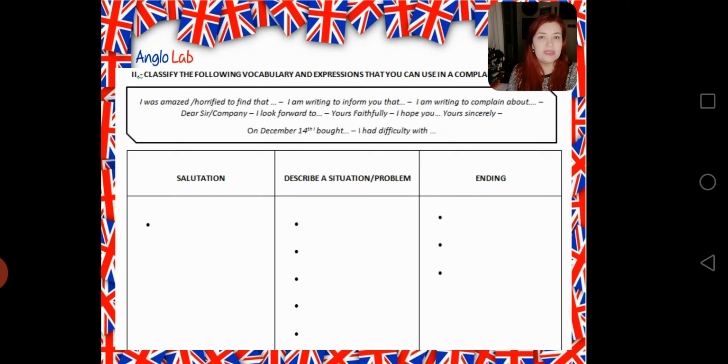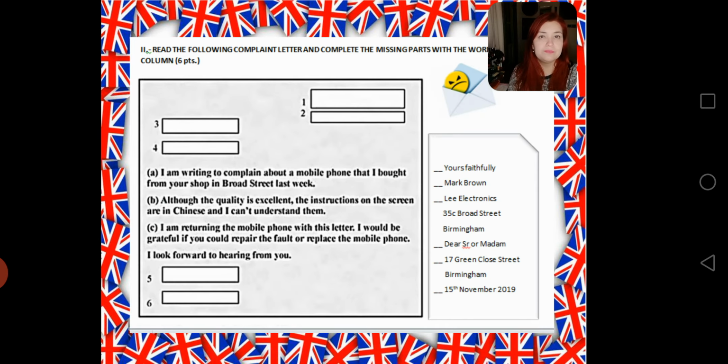Okay, as you can see, we have some dots there, so you can write them there. For salutation, we have 1. For describing a situation, we have 5. And for the ending, we have 3 expressions or 3 phrases. So you only have to classify them.